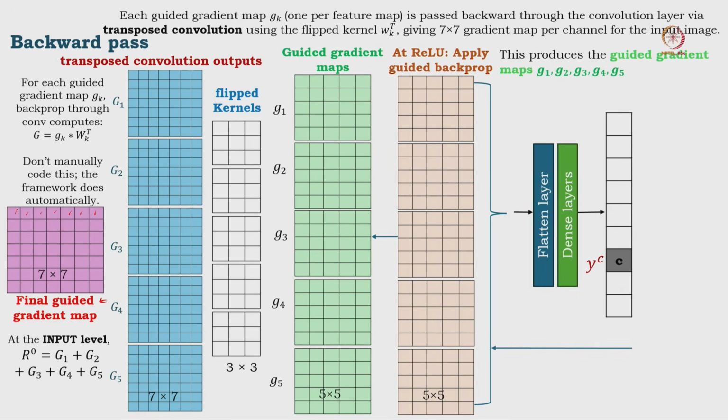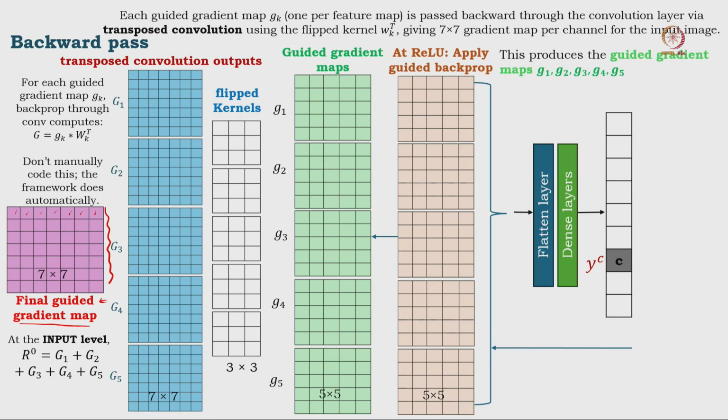Wherever the value is very high, it means that particular pixel has contributed more to the model prediction. Wherever the value is less, that pixel has contributed less. If there is 0, it means that particular pixel value has not contributed. So, whatever we have obtained here is the final guided gradient map, and this is where you will see that the higher the value, the more important the pixel.